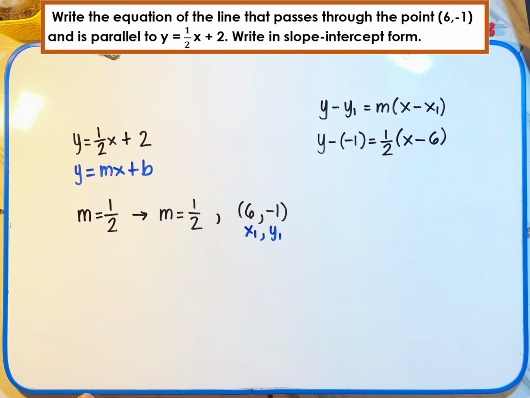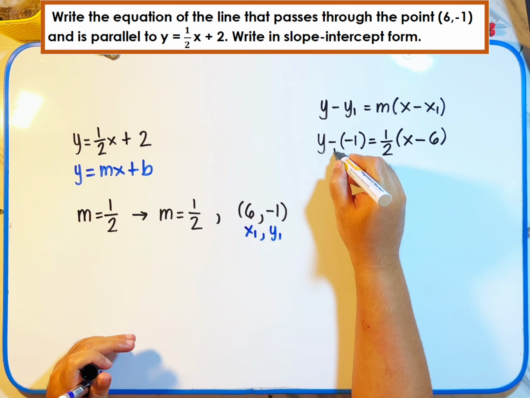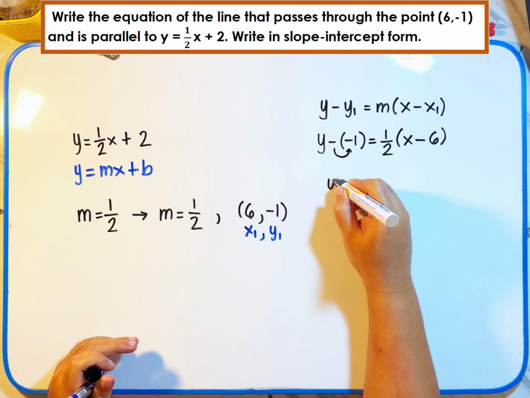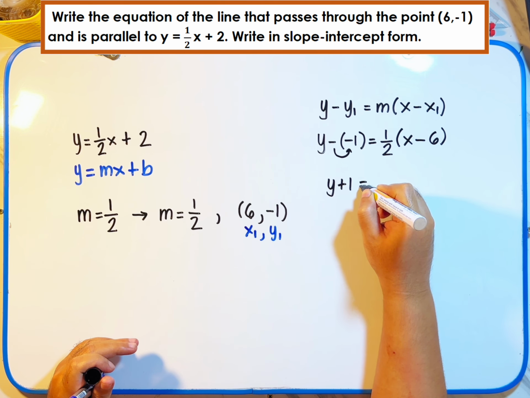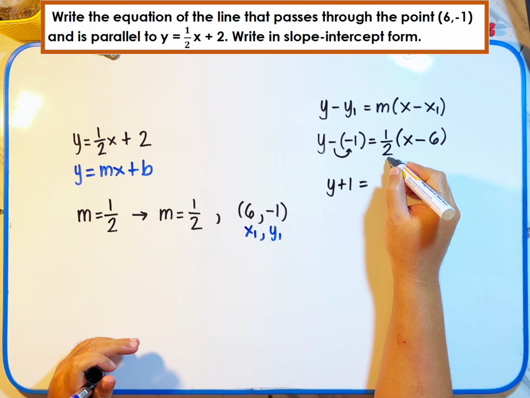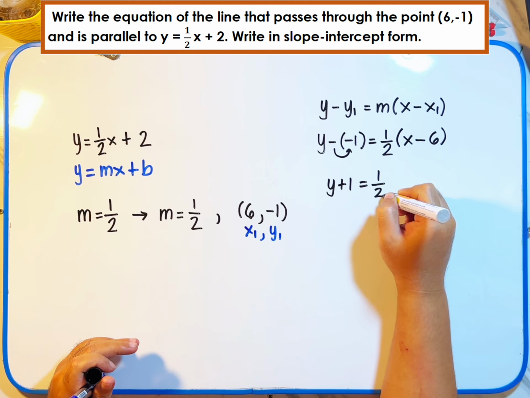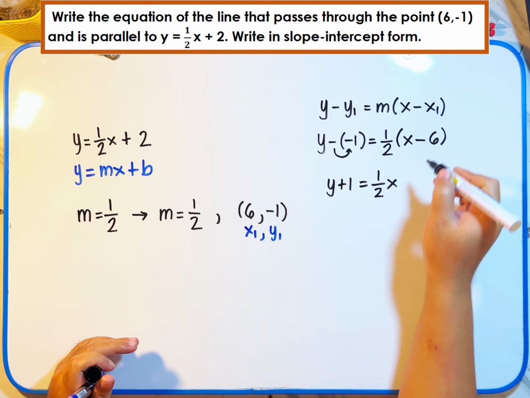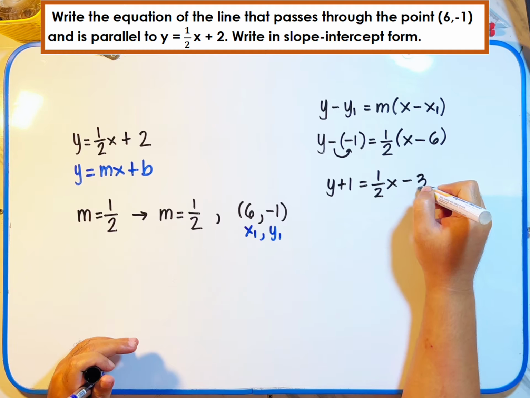All right. The problem also says that we have to transform our equation into slope-intercept form. In other words, we have to isolate the variable y. So let's do that. Negative times negative becomes positive. We have y plus 1 equals, and then distribute 1/2. 1/2 times x is 1/2 x. 1/2 times negative 6 is negative 3.